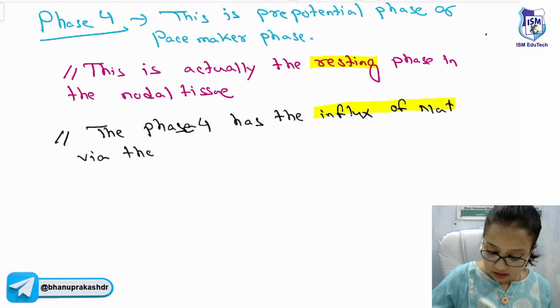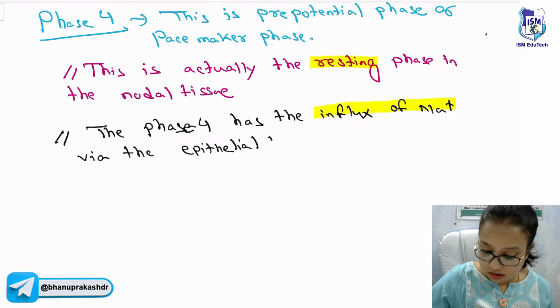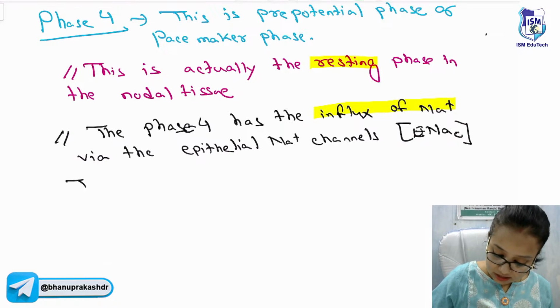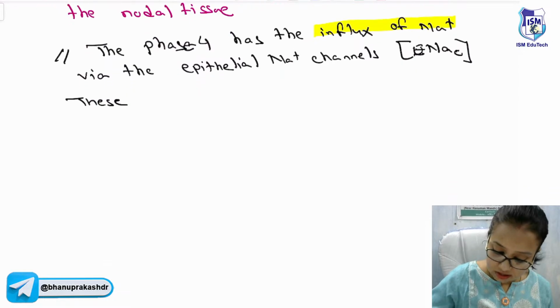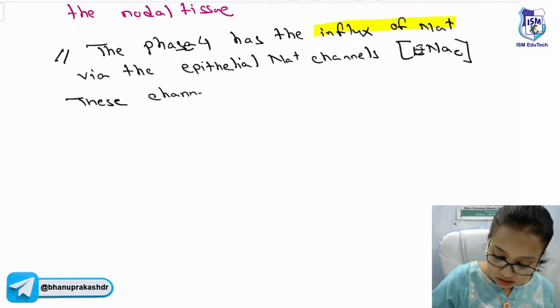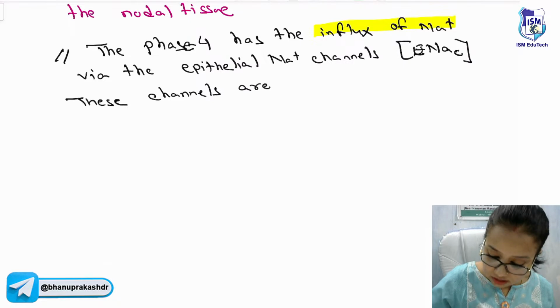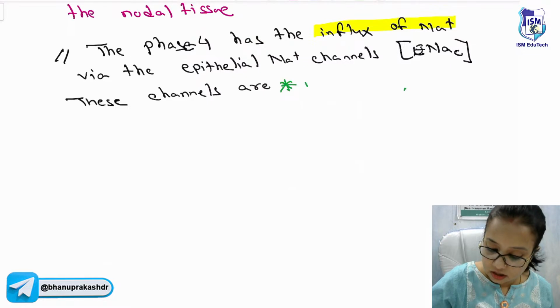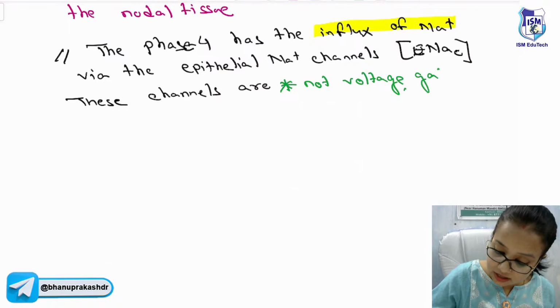via the epithelial sodium channels, which are also abbreviated as ENaC channels. And these channels, a point to remember, that's why I'm putting a star, are not voltage gated.